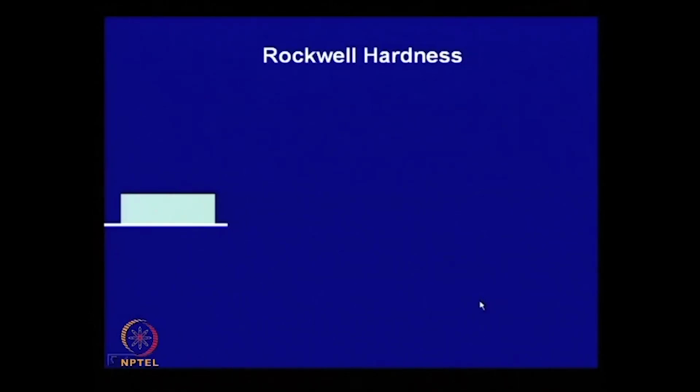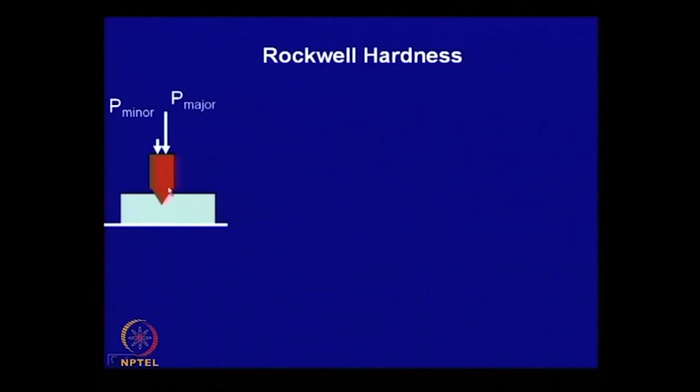Now, there is also another hardness scale which engineers very commonly use, the Rockwell hardness scale. This principle is a little different. Here, the indenter is either a diamond cone indenter with an apex angle of 120 degree, and here you initially apply a minor load of around 10 kg, so that the indenter sits on the sample, and then you apply the major load.